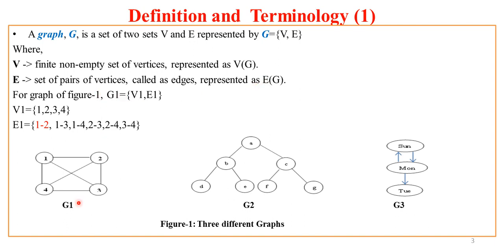So for instance, for graph G1 of figure 1, we have G1 as a set of V1 E1, where V1 is a set of vertices. So for G1 there are 4 vertices, 1, 2, 3 and 4, which is represented over here, and the set of edges E1 is nothing but a set which comprises of edges 1 2, 1 3, 1 4, 2 3, 2 4 and 3 4.